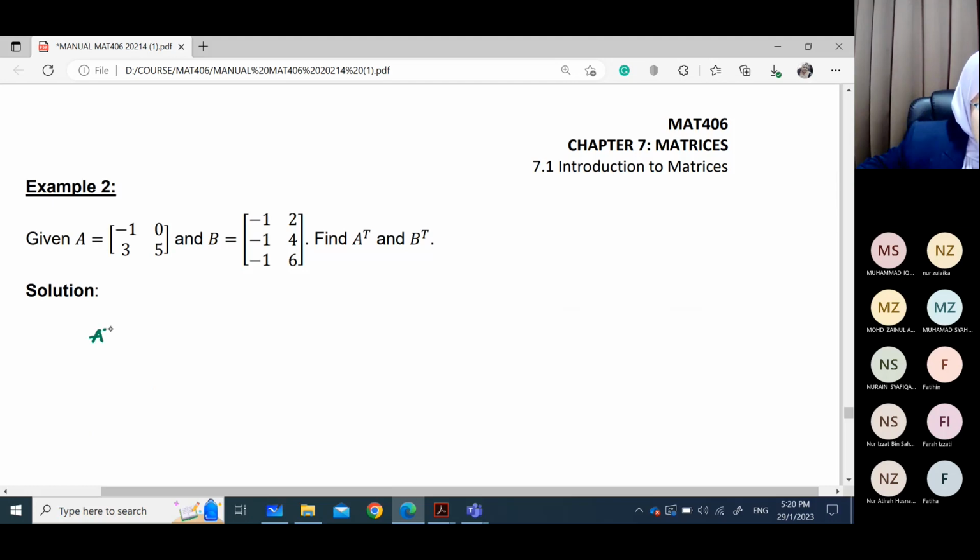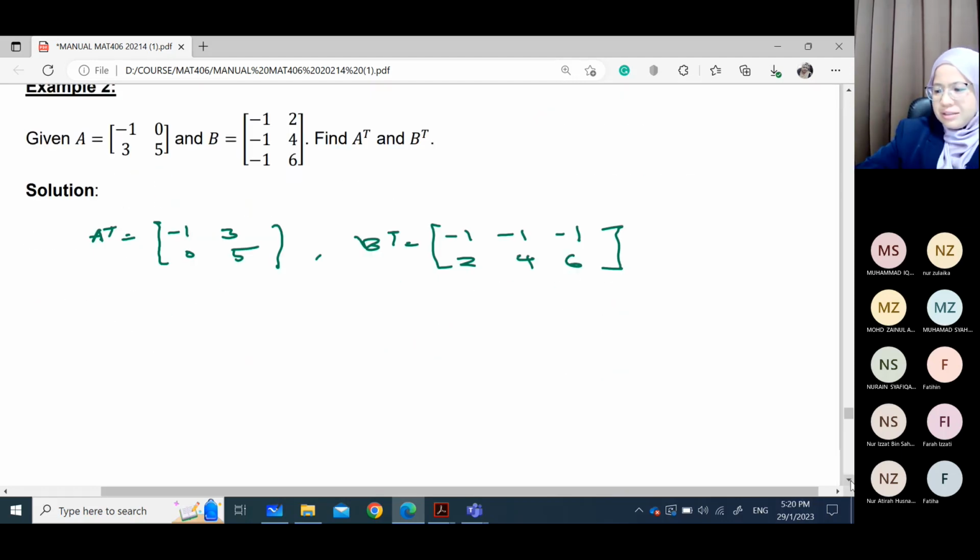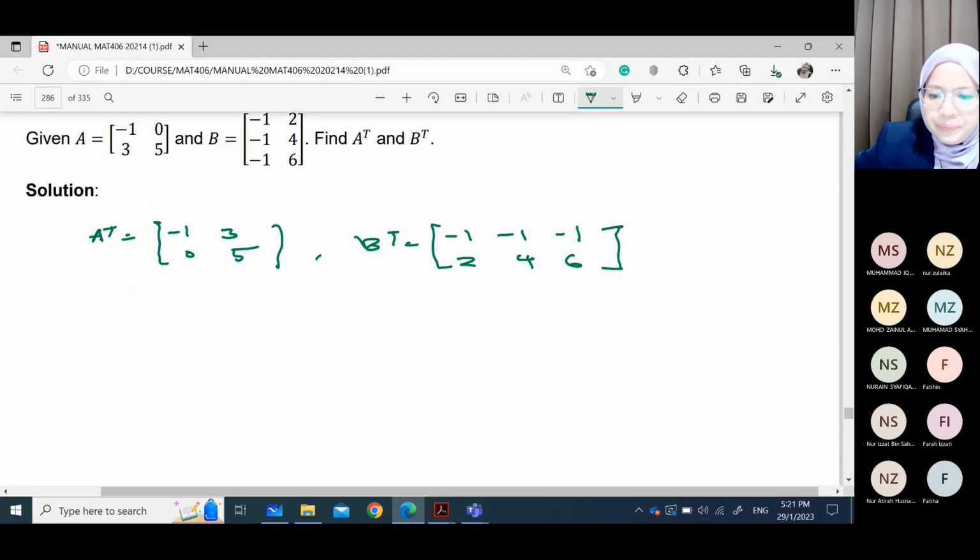So A transpose is negative 1, 3 and 0, 5. So for B transpose, we have negative 1, negative 1, negative 1, 2, 4, 6. Okay? Boleh?